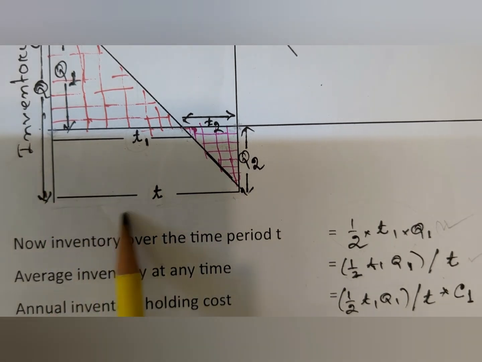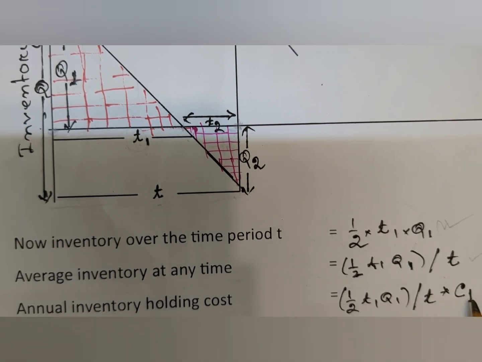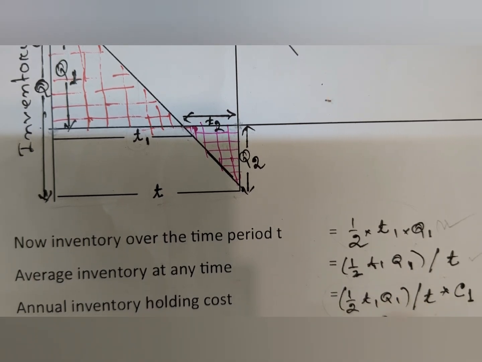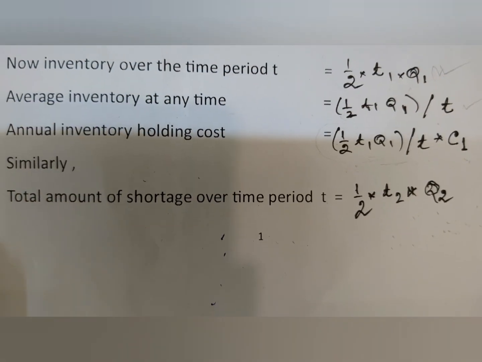That's why for this cycle, in this case, the annual inventory holding cost will be this area divided by T into C1, because this is on an average the inventory quantity per unit time, and C1 is the carrying or holding cost per unit of time. That's why this is the annual inventory holding cost. Okay.